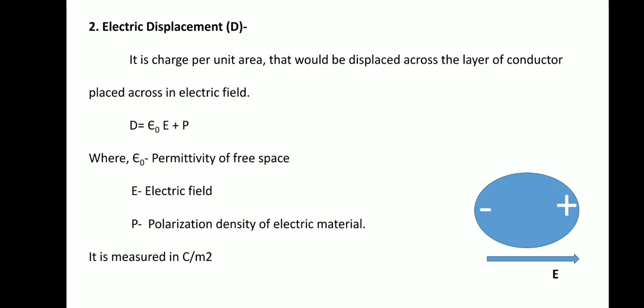We can write the equation for electric displacement: D is equal to epsilon 0 into E plus P, where epsilon 0 is the permittivity of free space, capital E represents the electric field, and P indicates the polarization density of the electric material.